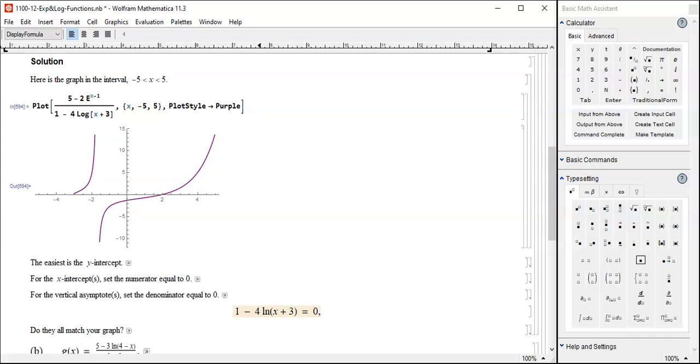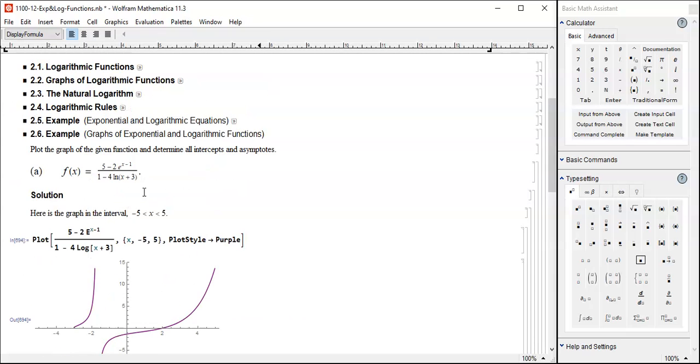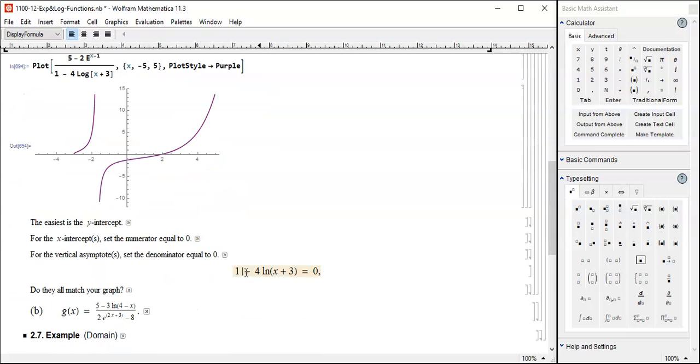Looks like we have to solve that equation. How do you solve for this logarithm? Well, flip 1 to the other side. Log of x plus 3 is equal to -1 over -4, so divide by -4.